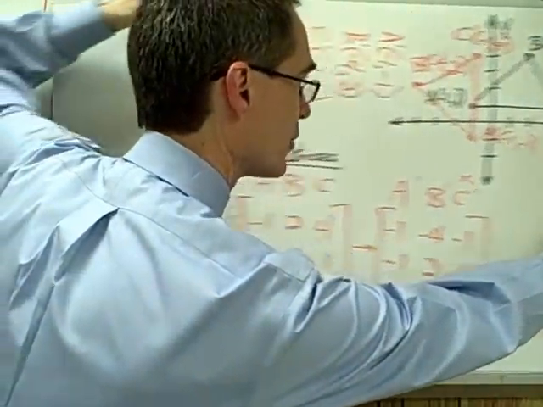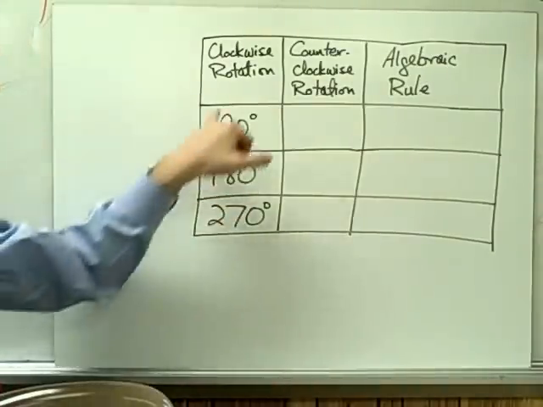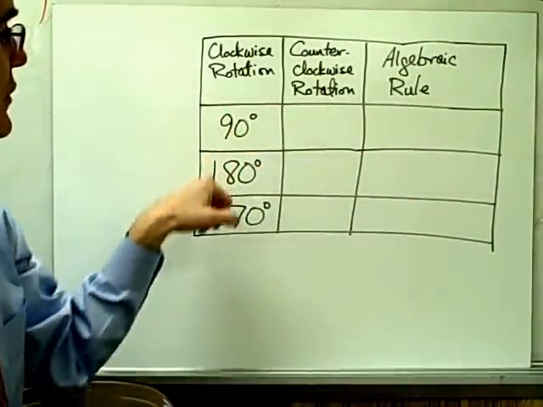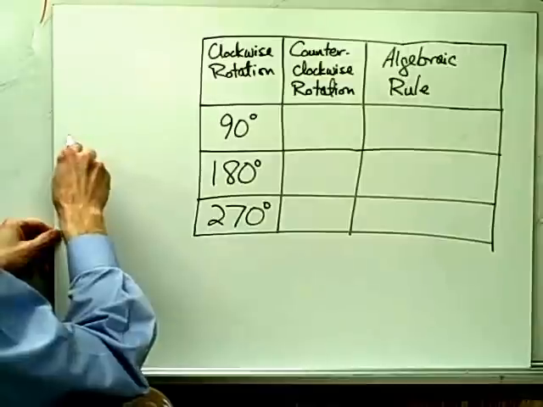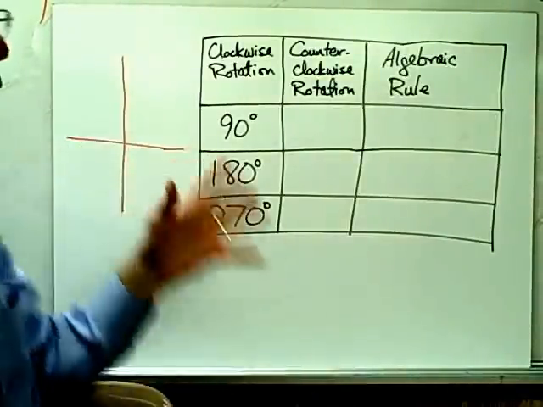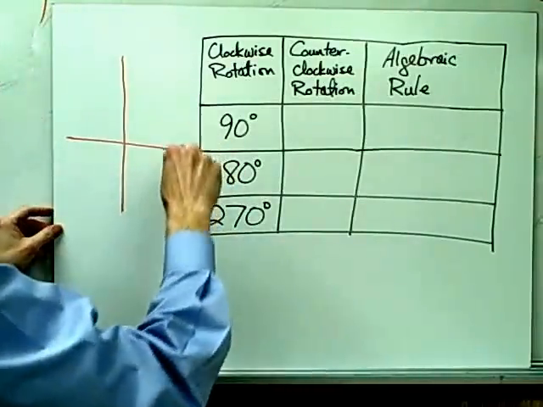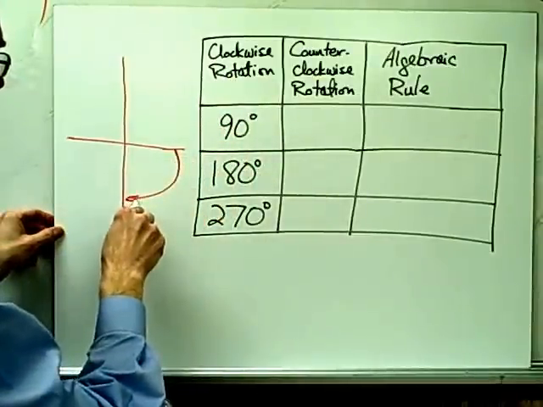Now, let's summarize the algebraic rules for each of these three rotations. And before we do that, I want to point out that for any type of rotation, you could either go clockwise or you could go counterclockwise. So if I go clockwise, for example, 90 degrees, that takes me this way.